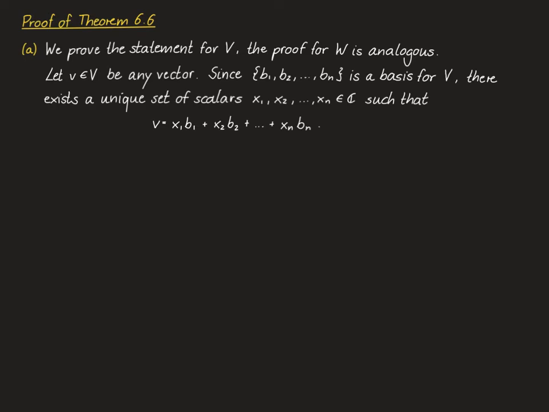For the proof of theorem 6.6, we start with statement A, and we prove only the case for V here, as the case for W is analogous. Now consider an arbitrary vector v in the vector space V. Since the set of vectors b1 through bn is a basis for the vector space V, there exists a unique set of scalars x1 through xn such that v equals x1 b1 plus x2 b2 and so on plus xn bn.